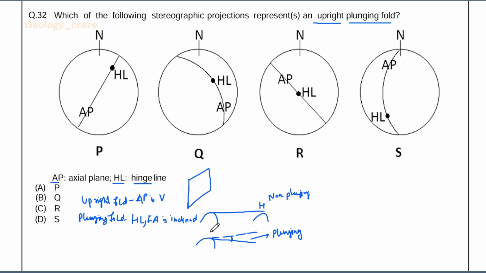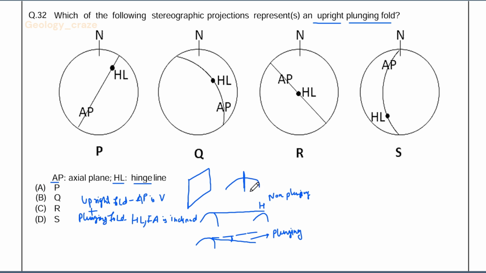Next, we have to add these two. Upright fold means, suppose this is our fold and this is our axial plane. When the axial plane is vertical, we call it an upright fold.